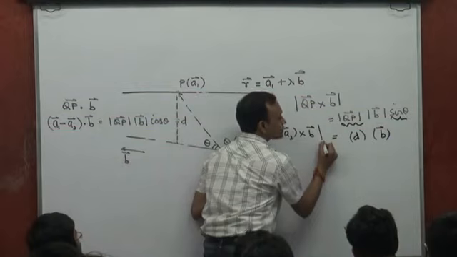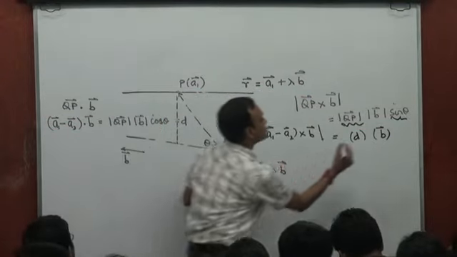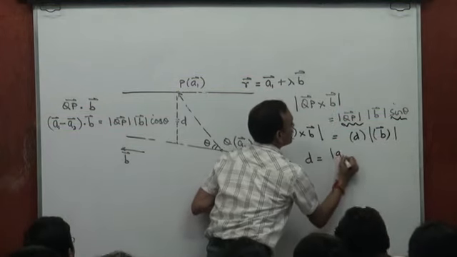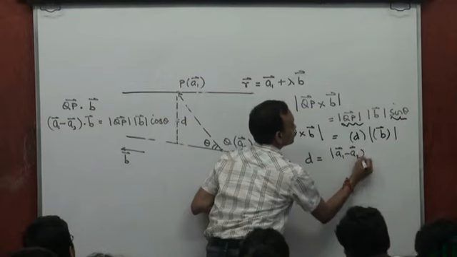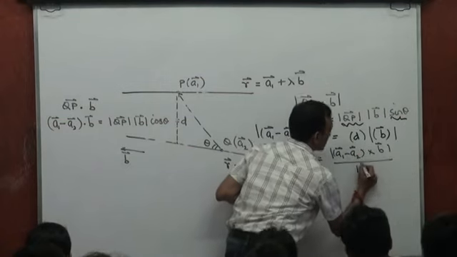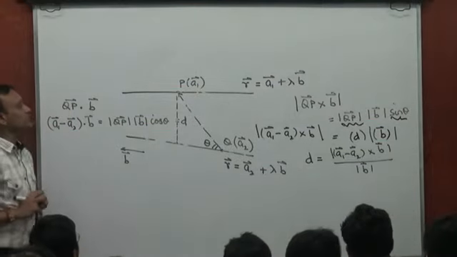So mod of this is d into mod b. So then d is obtained as mod of a1 minus a2 cross b divided by mod b. That's the separation between two parallel lines.